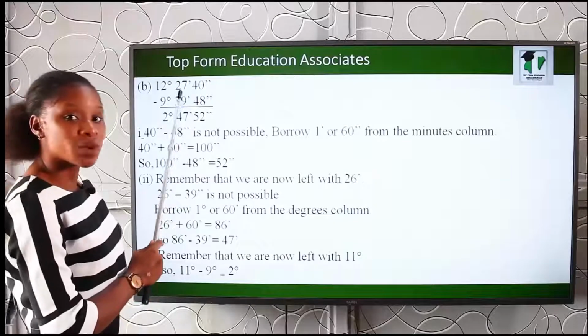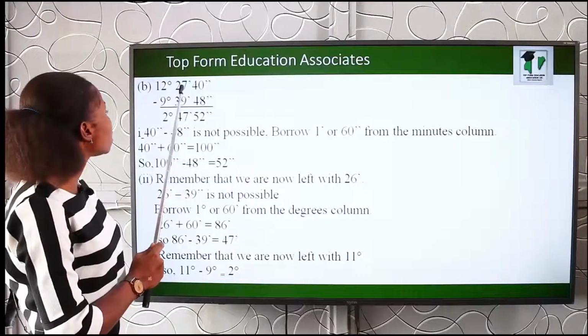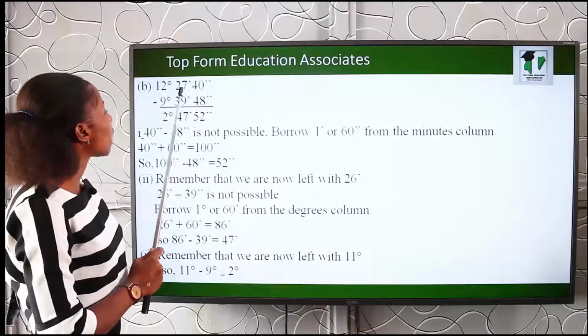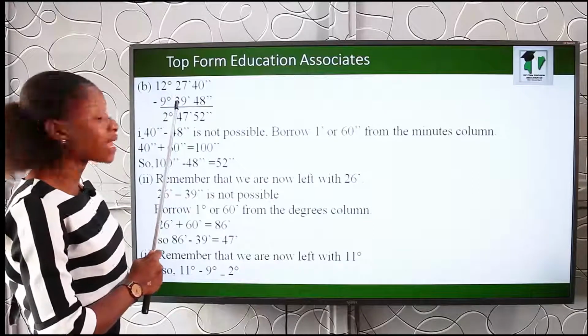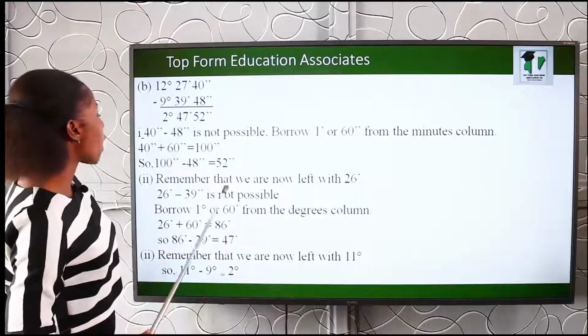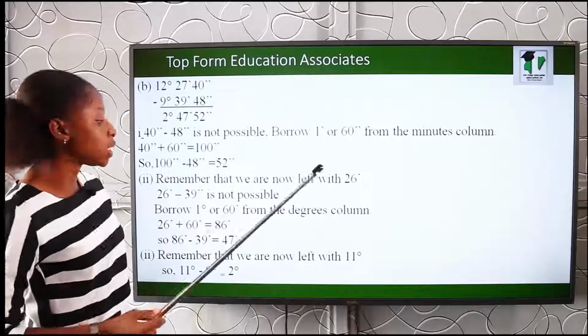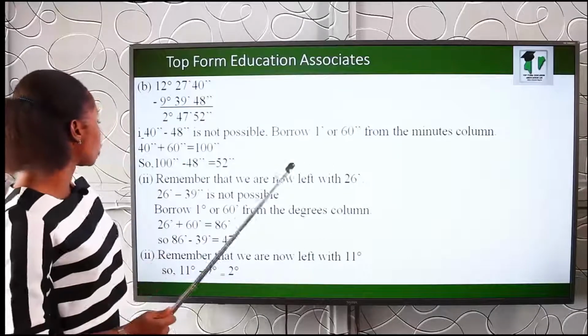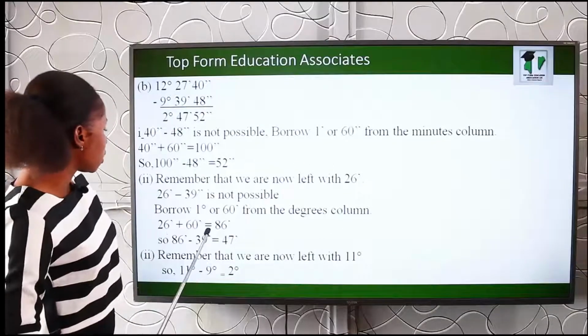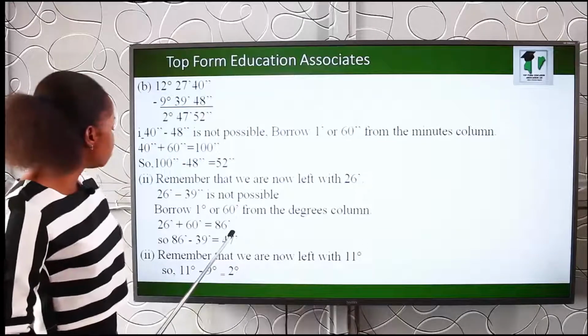Now once again, 26 minutes cannot subtract 39 minutes. So we are also going to borrow 1 degree or 60 minutes from the degrees column. Now, when we add that, we are going to get 86 minutes.